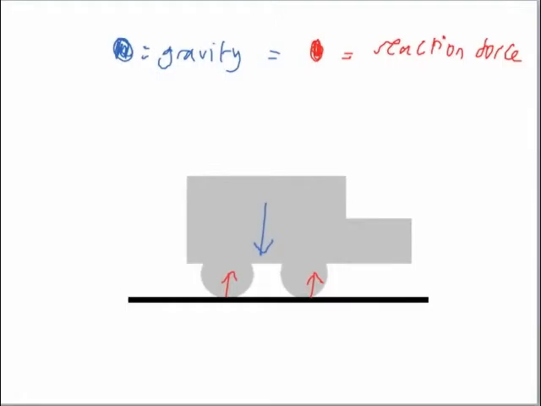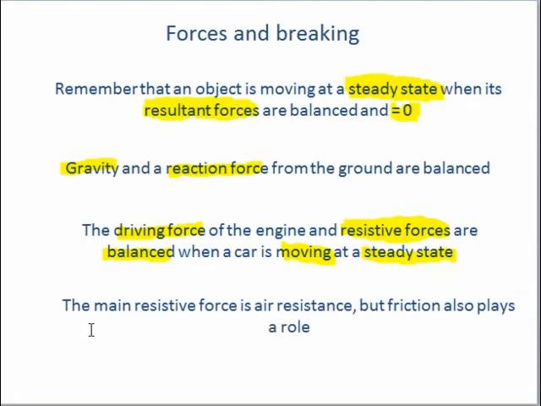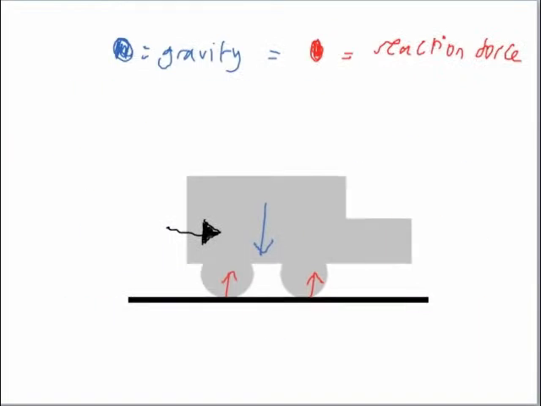So the driving force from the engine equals the resisting forces. And so there are two resistive forces, the most important of which is air resistance. That exerts the biggest resistive force. So air resistance.